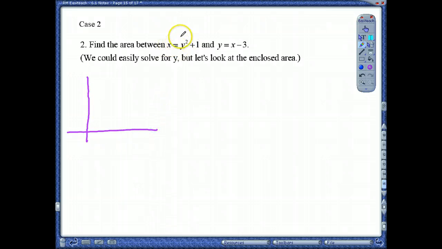Well, this x equals y squared plus 1, that is going to be a parabola pointing to the right at x equals 1. And then I've got that line that's going to have a y-intercept. Okay, and you always want to look at the line y equals, so this is your y-intercept. It's going to come up through like this.